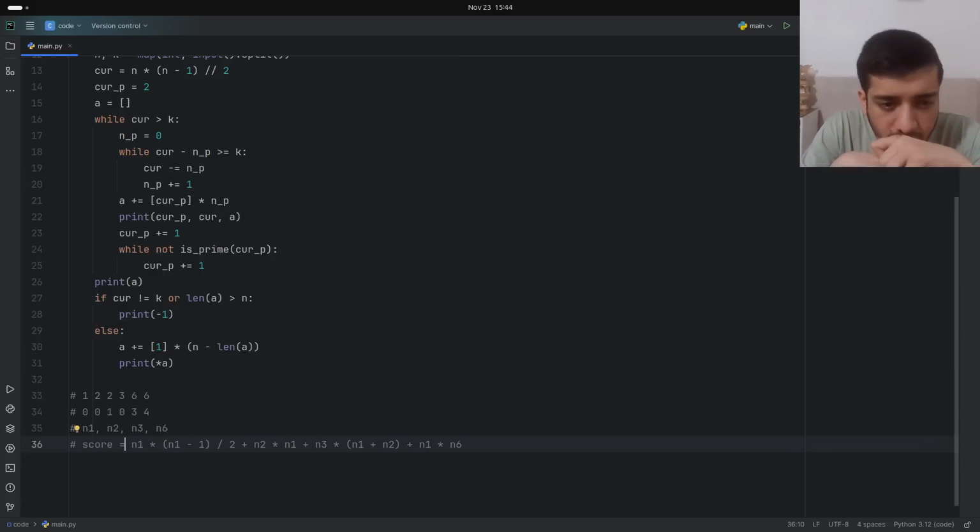So I'm thinking if we can make everything using it. I'm thinking about if we can make all of the cases only using 1, 2, 3, and 6. So this should be equal to k.